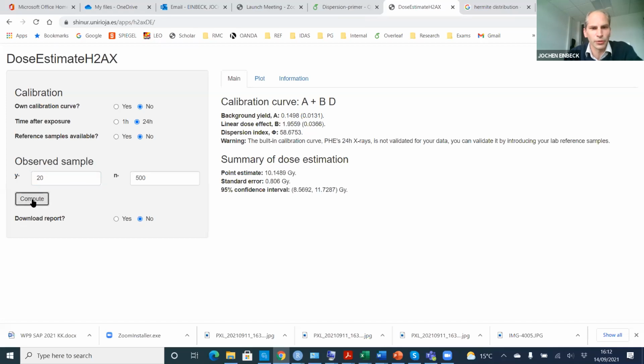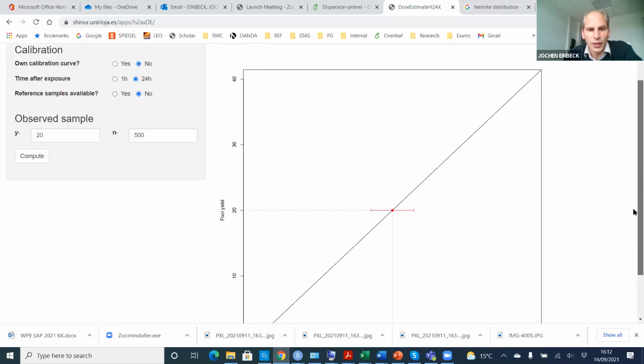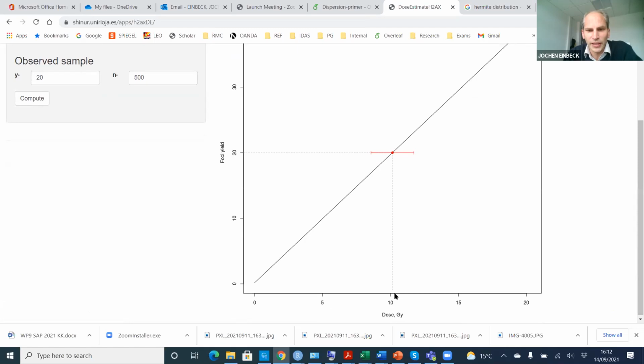Let me go with 20. We would then still get a relatively large point estimate of 10 gray with a standard error of 0.8. And we also get a plot which gives us the estimated dose and an uncertainty estimate from this.